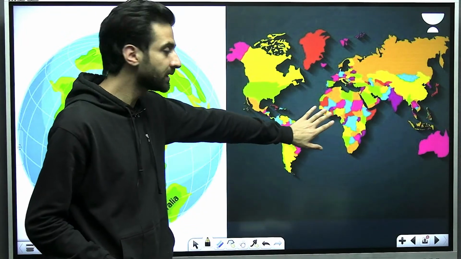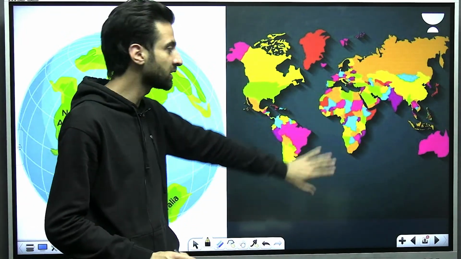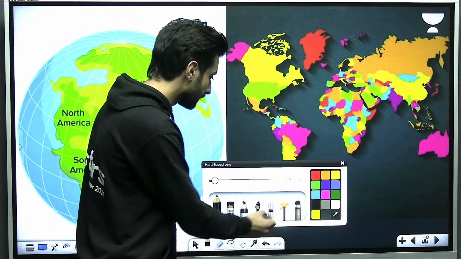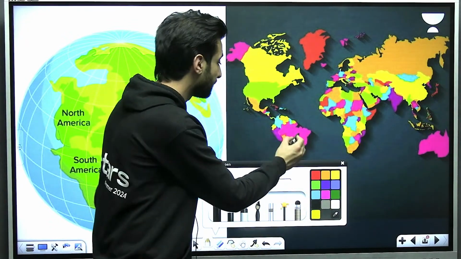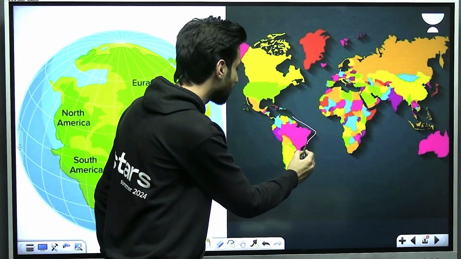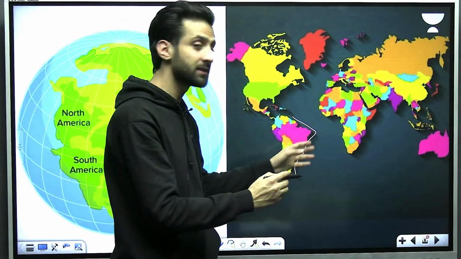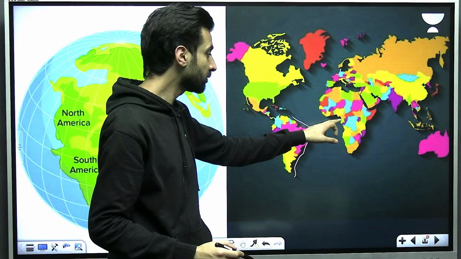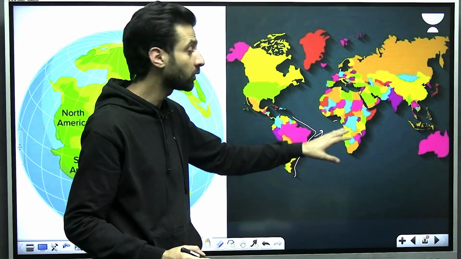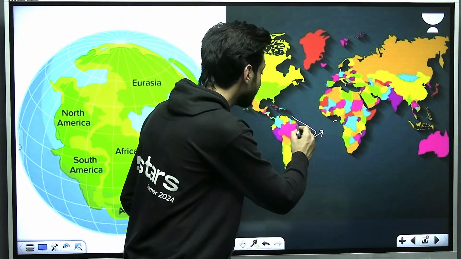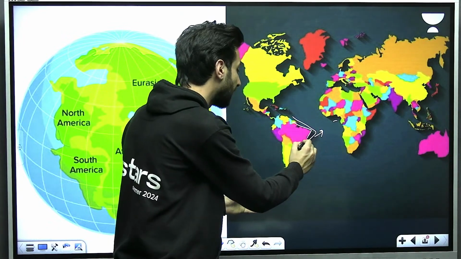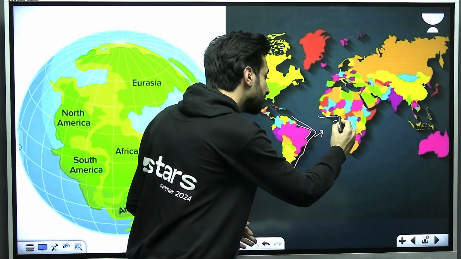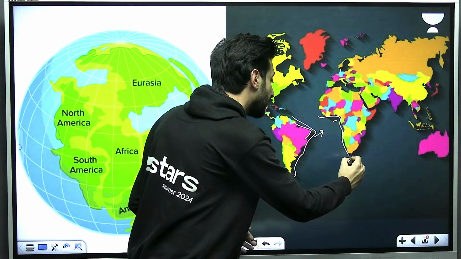Now, if you look at this map, look at the map carefully, this one. Just follow this part. If this part is South America, look at this. If you take it here, near South Africa or the African continent, it will perfectly fit. This part, the Brazilian part, will perfectly fit into this gap, like this.